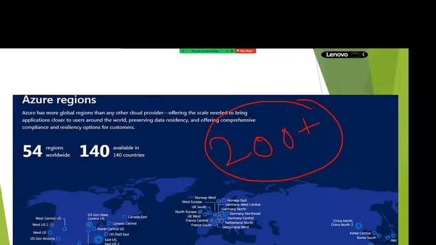This is the biggest and first organization which has installed this many data centers. Next, that is what they have directly mentioned: Azure has more global regions than any other cloud provider. Here, other cloud provider, I can say, means AWS.